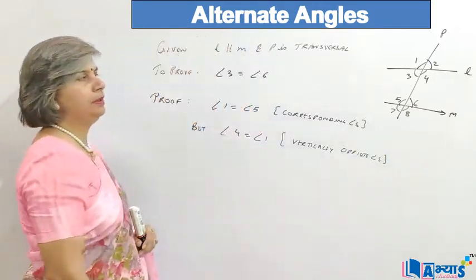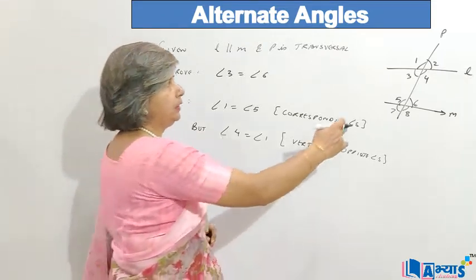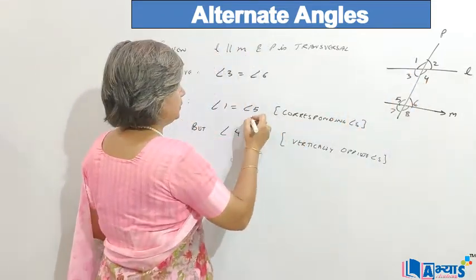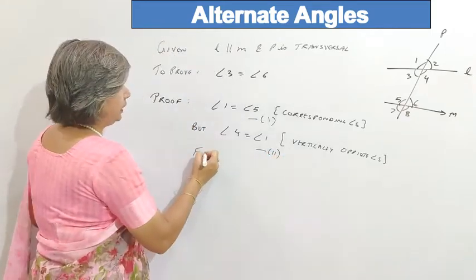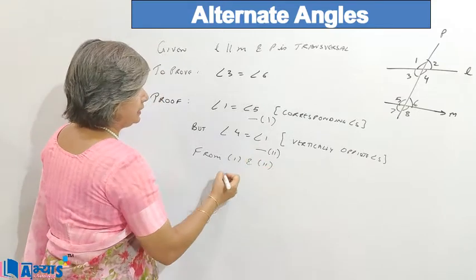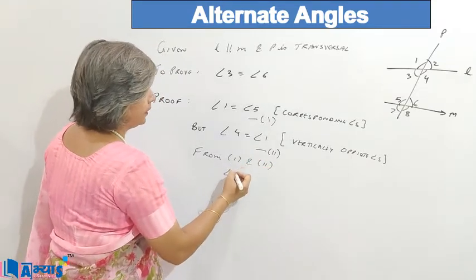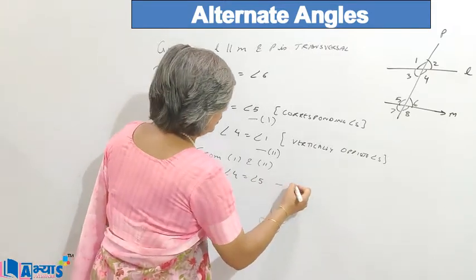When L and P intersect each other, angle 1 is equal to angle 4. Let us suppose this is equation 1 and this is equation 2. From 1 and 2, we can say that angle 4 is equal to angle 5, but they are alternate angles.